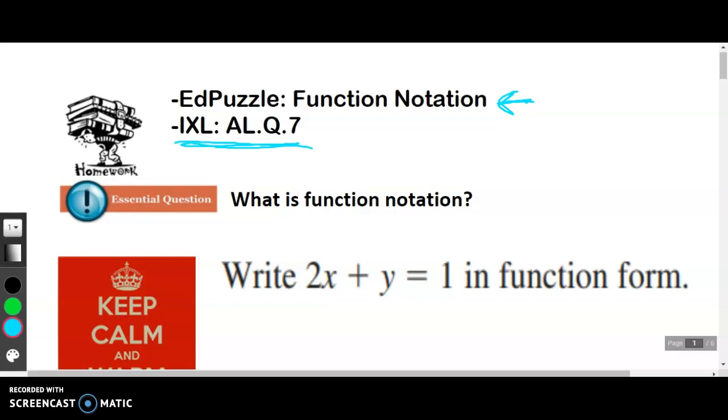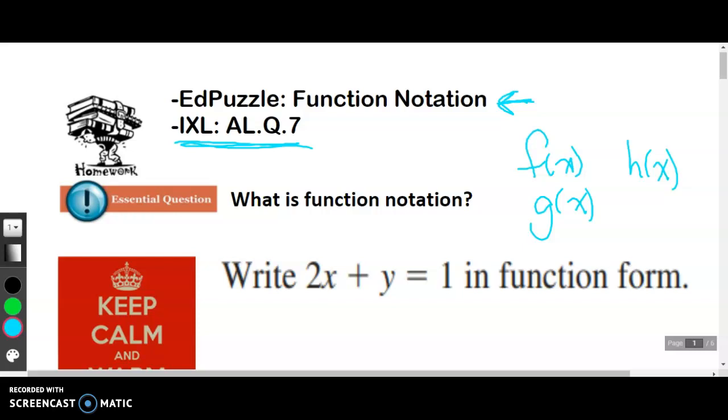Today we're talking about function notation. If you've watched the video, which you should have if you're still listening to me right now, then you know that function notation is essentially writing a y equals something, except we're replacing the y with f of x or g of x or h of x or anything.